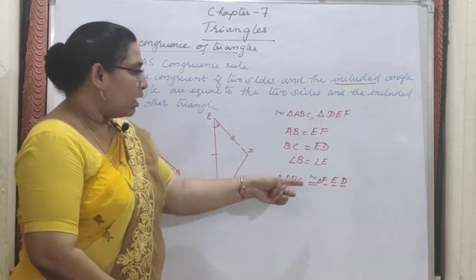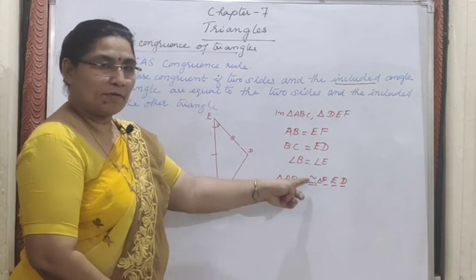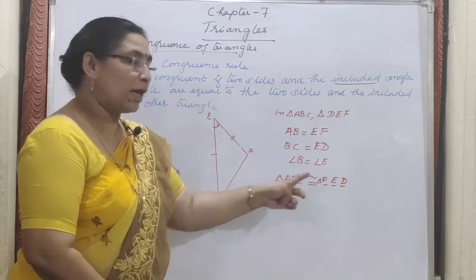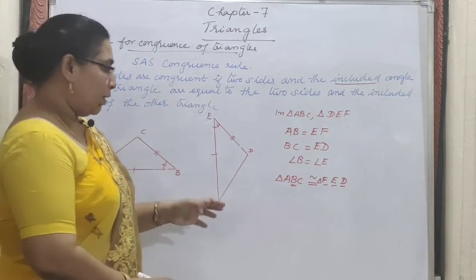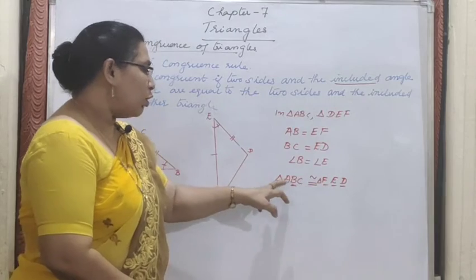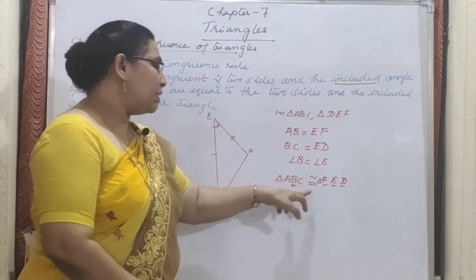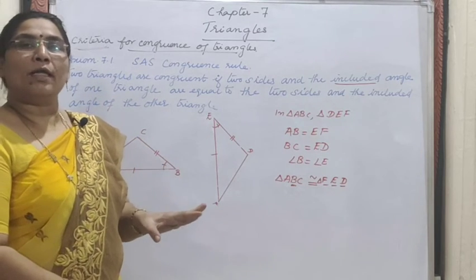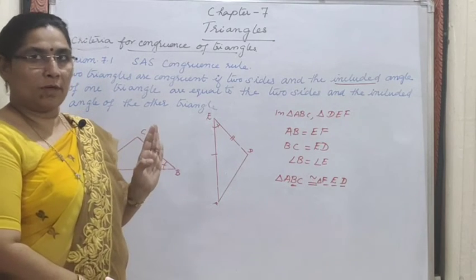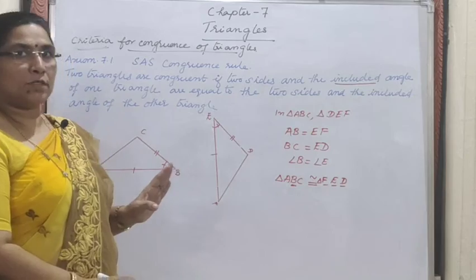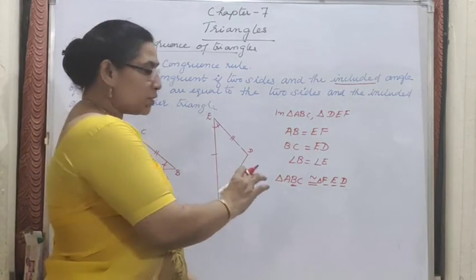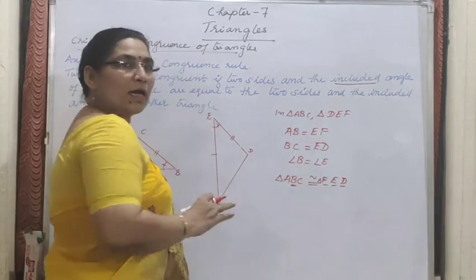It is wrong. After the correspondence, whatever we have seen, we have got the order FED. The meaning is what? When F is coming on A and E is coming on B and D is coming on C, then only superimposing is possible. Then only superimposing is possible. So this order has the correspondence.